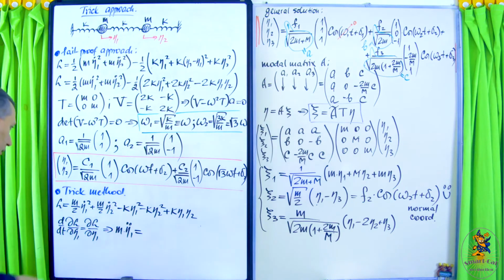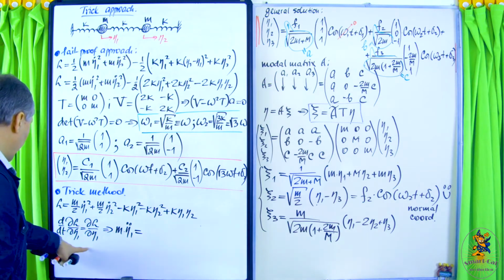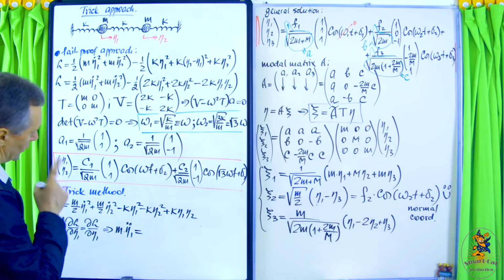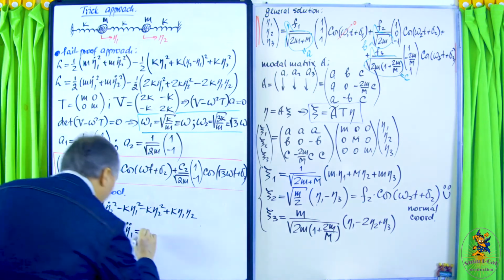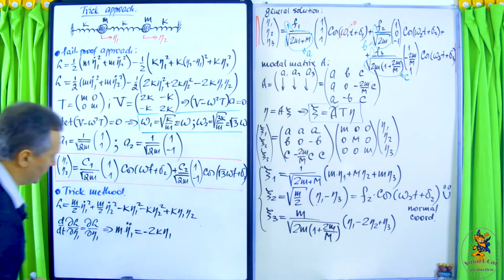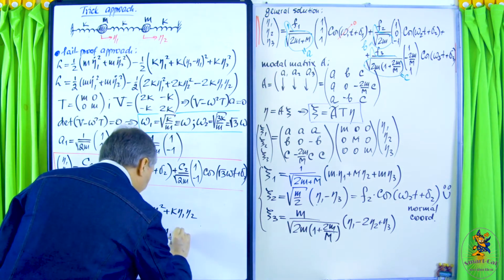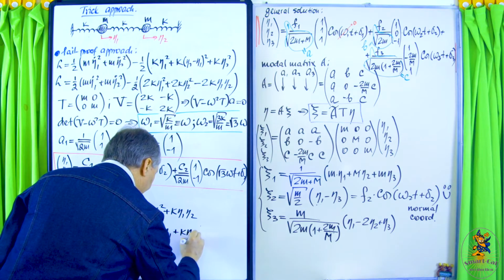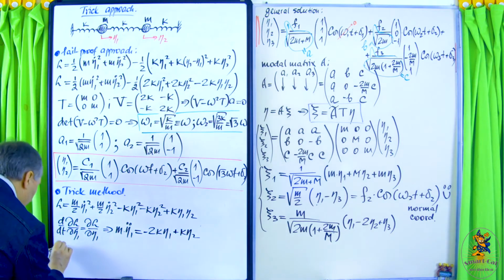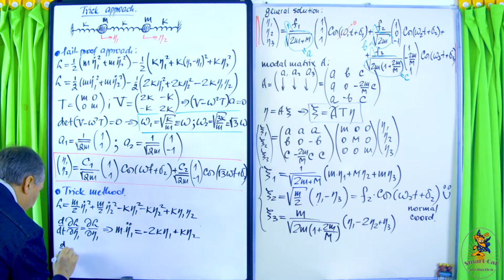On that side, eta 1 is here and there, so it will be minus 2k eta 1, and from here plus k eta 2. Okay, the first equation.